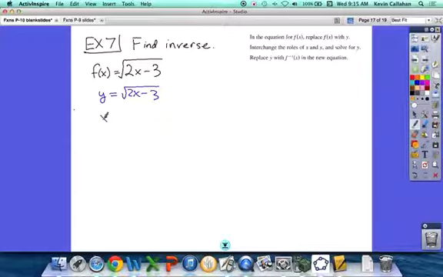It looks like x equals the square root of 2y minus 3. Okay, now in the solving part, the y is in the middle of the expression on the right. It's actually inside a square root, and the square root is isolated, right? So how do we undo the square root? Square both sides, right? So this is going to be x squared equals 2y minus 3.